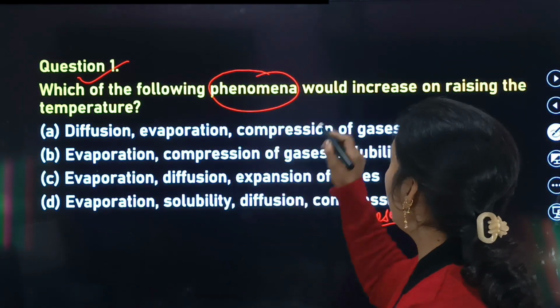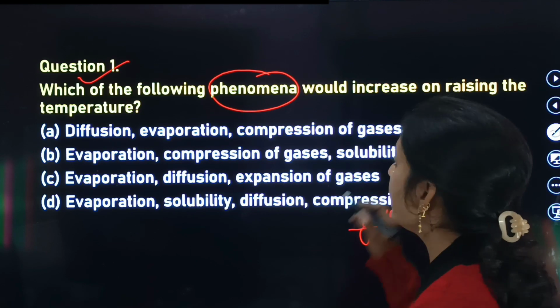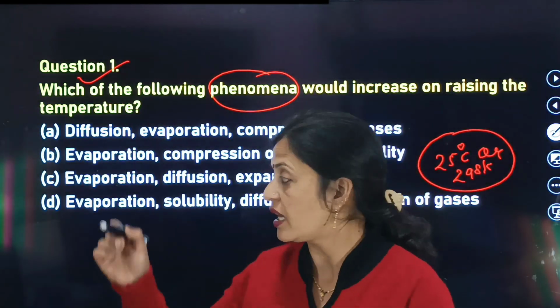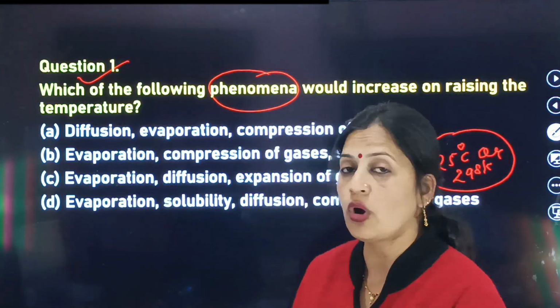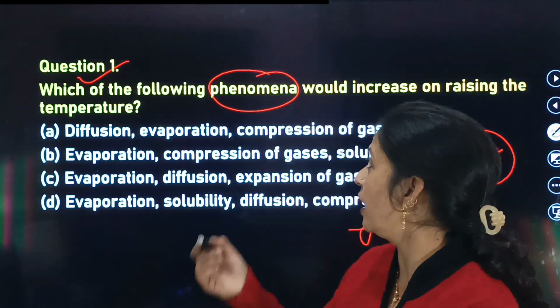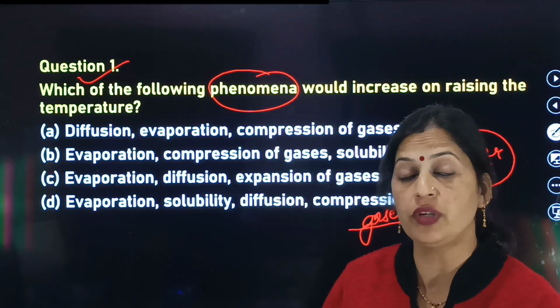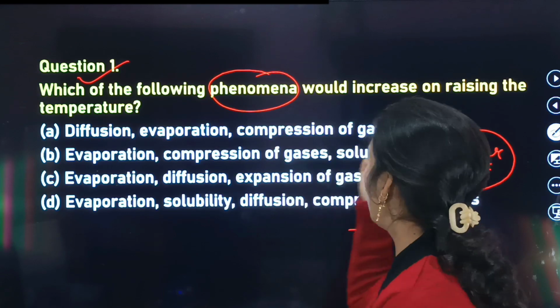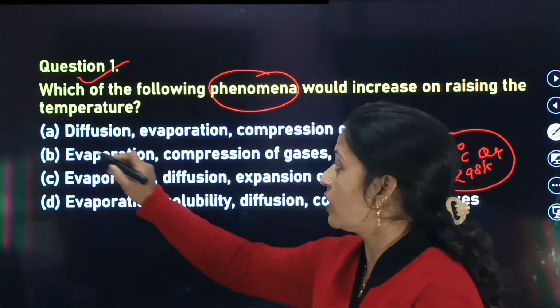Question 1: Which of the following phenomena would increase on raising the temperature? That means there are different phenomena, and out of these you have to choose which would increase on raising the temperature.